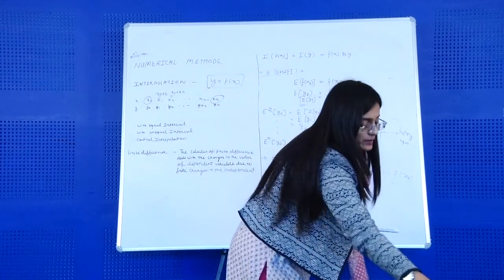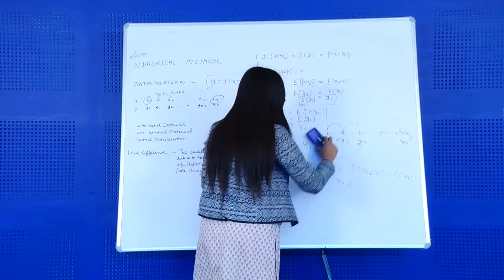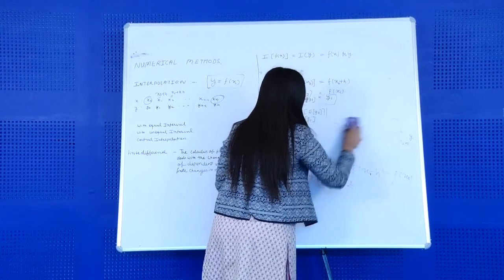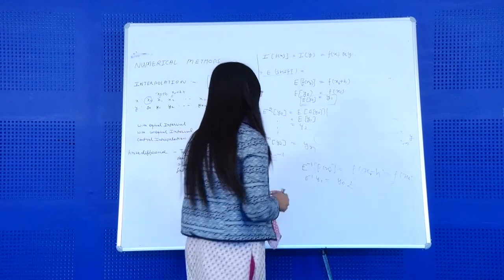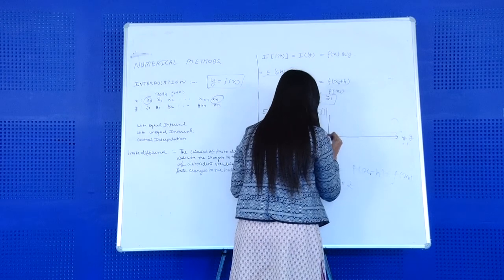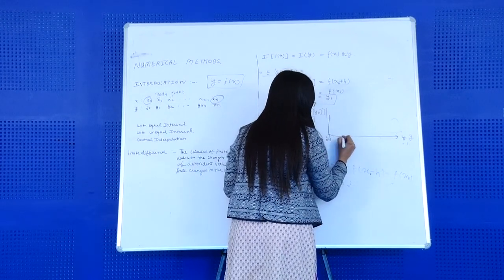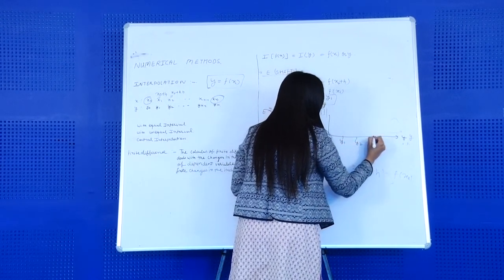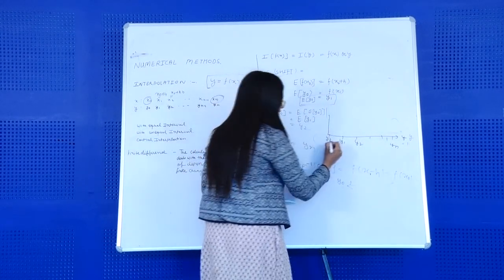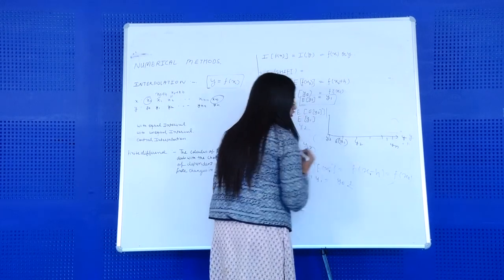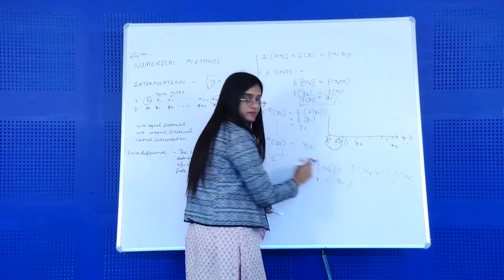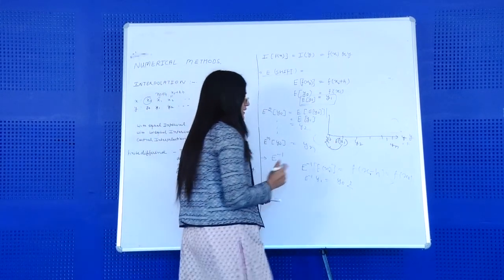If I explain this definition with the graph, again this is our y value, this is y0, here y1, y2 and so on yn. If I apply the E raised to power minus 1 on y1, I get y0 by the solution.